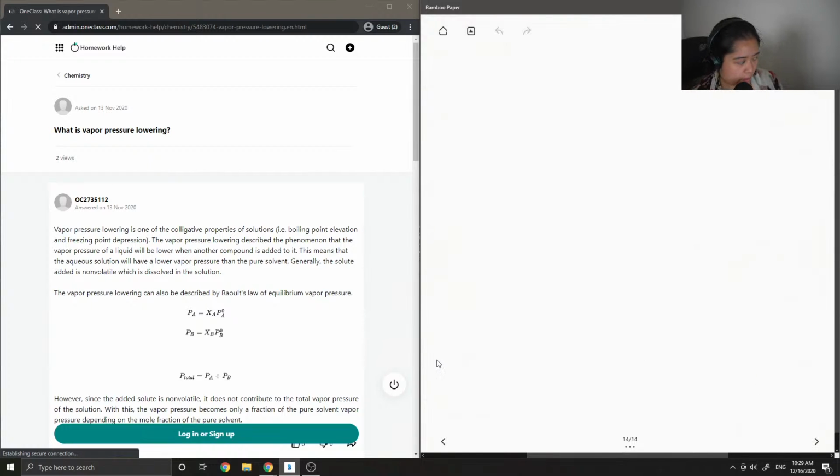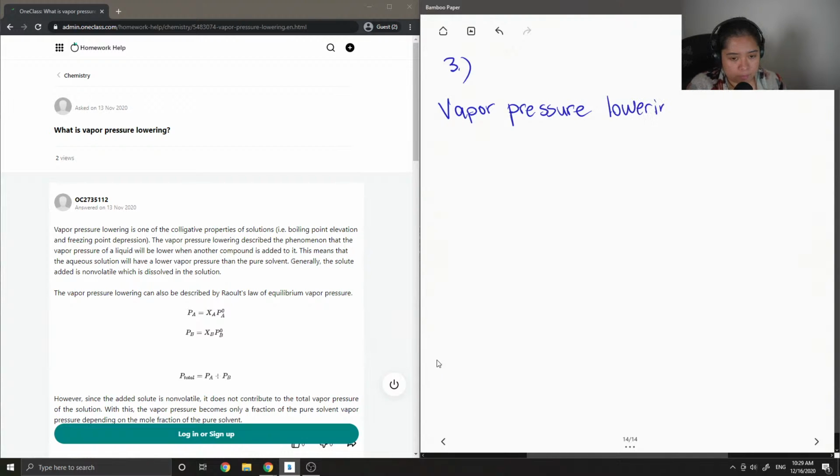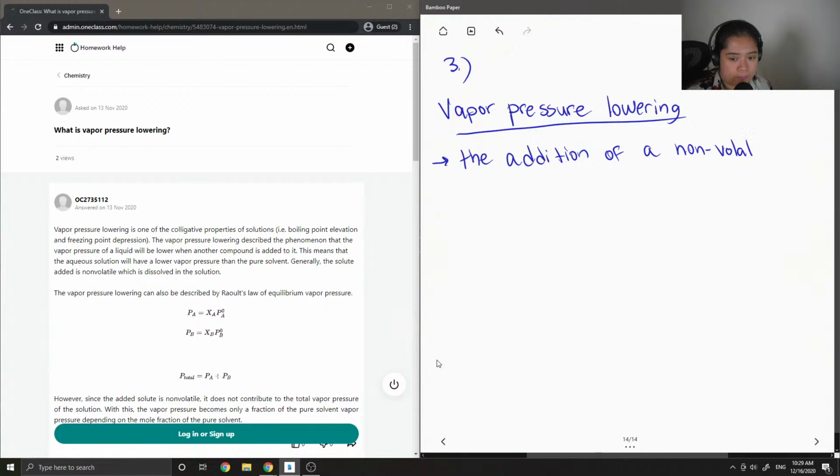Okay, so on to question 3. What is vapor pressure lowering? Vapor pressure lowering is a term used to describe the addition of a non-volatile solute.